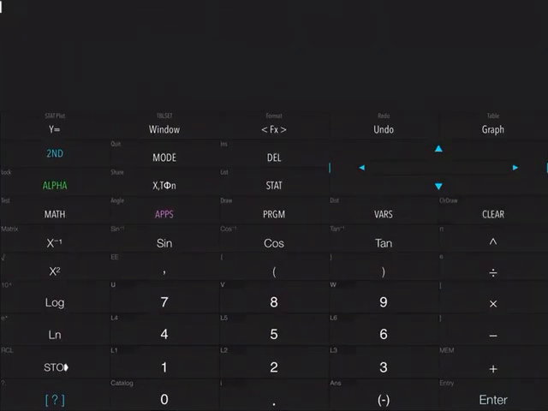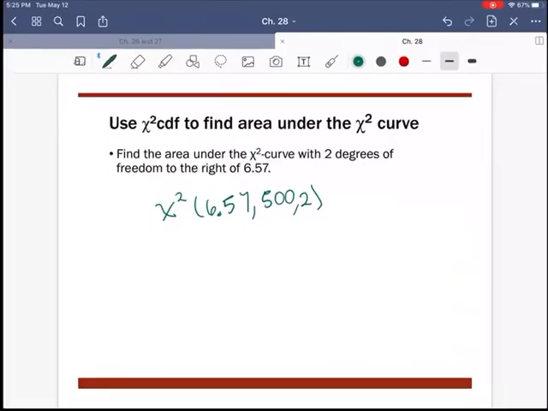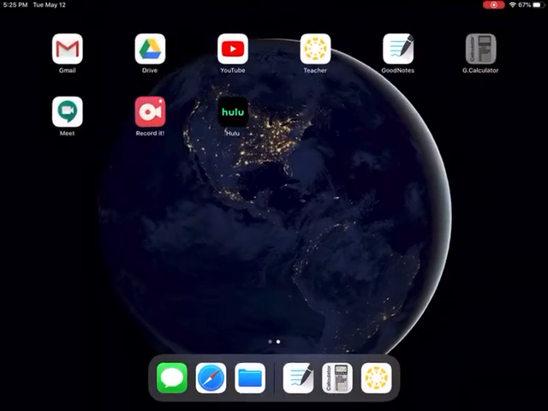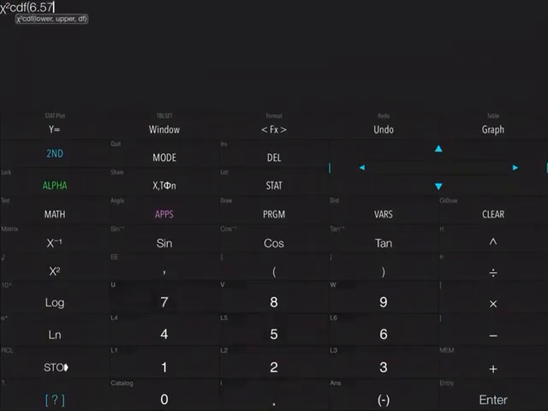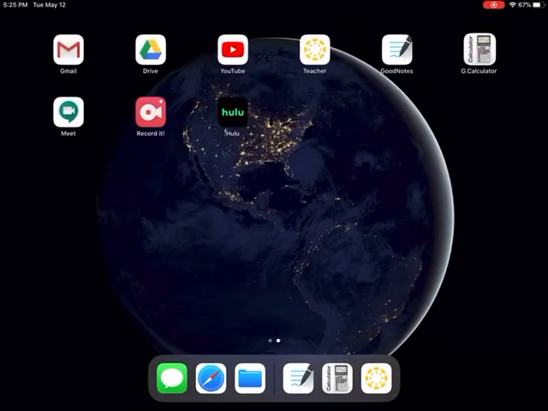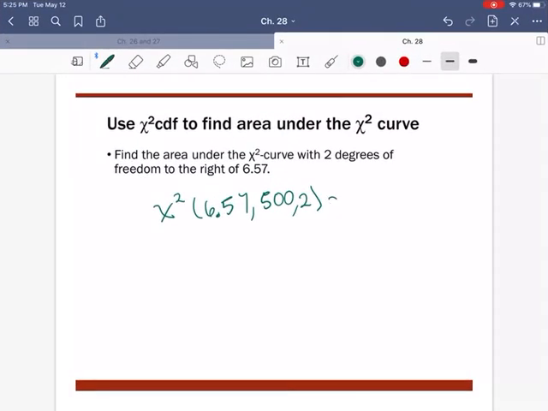Chi-square, 6.57, 500 with 2 degrees of freedom. Okay, and that is 3.7%.